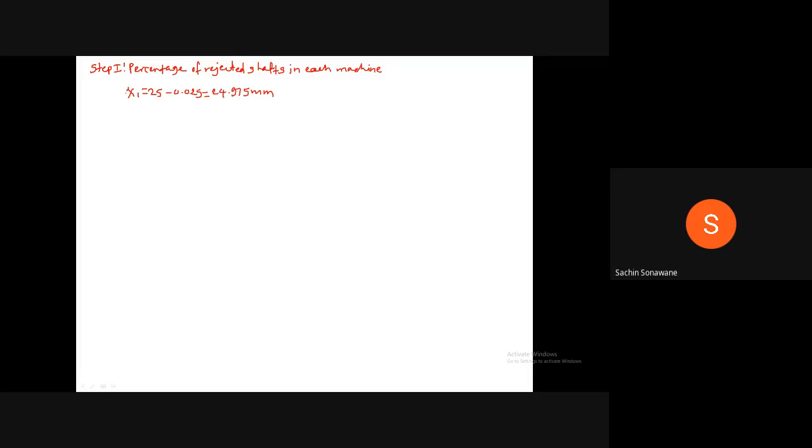Now x2 is equal to 25 plus 0.025, which is equal to 25.025 mm.